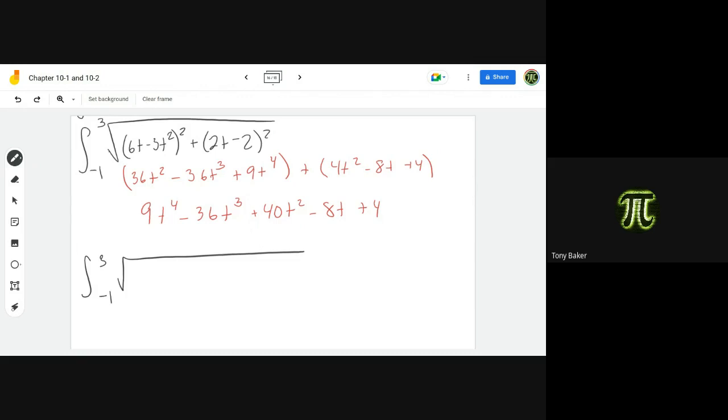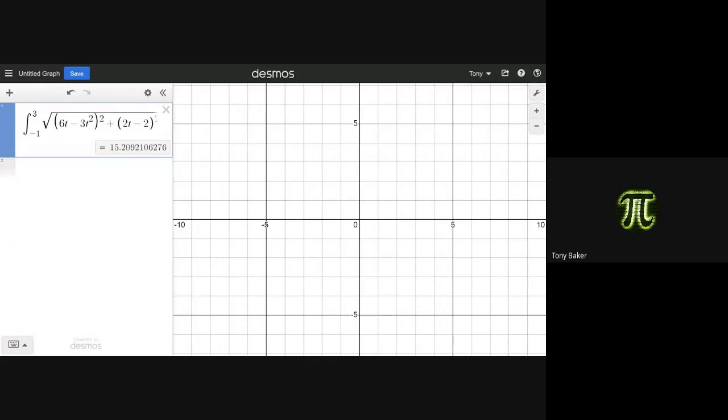So you do not have to do this in terms of x. You can do it in terms of t. Whatever you're going to take the integral of has to be your d at the end. So since I did it in terms of t, it's got to be dt at the end. So in this case, my arc length is 15.21.